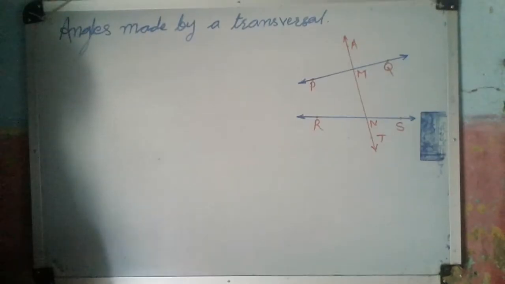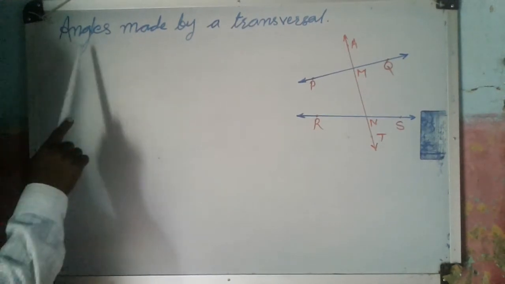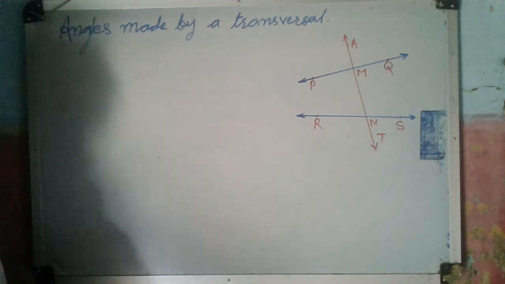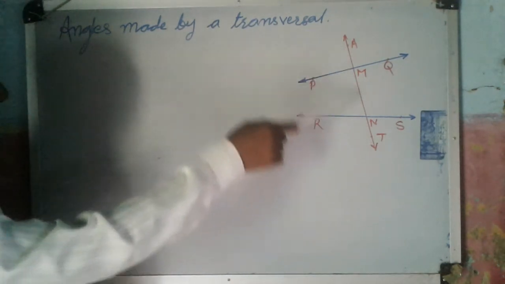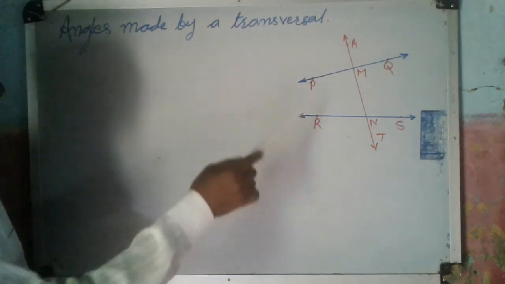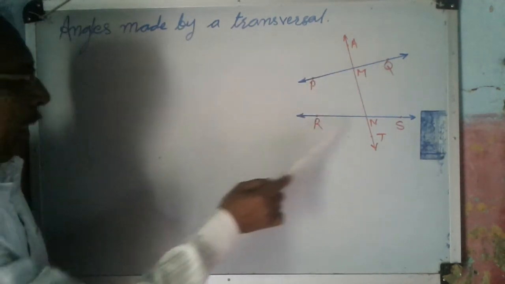Now we will study angles made by a transversal of two lines. Angles made by a transversal. Now in this figure, line AT is transversal of lines PQ and RS.